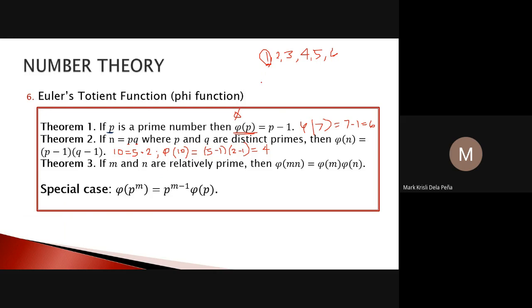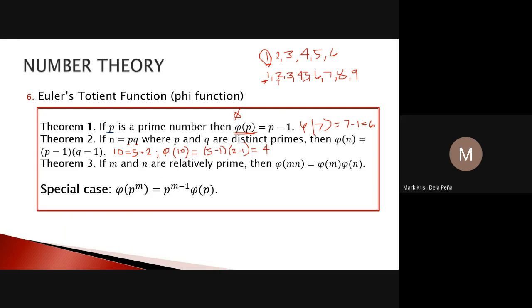Now, what are the numbers less than 10? 1, 2, 3, 4, 5, 6, 7, 8, and 9. So again, 1 is automatically included. 2 divides 10, right?